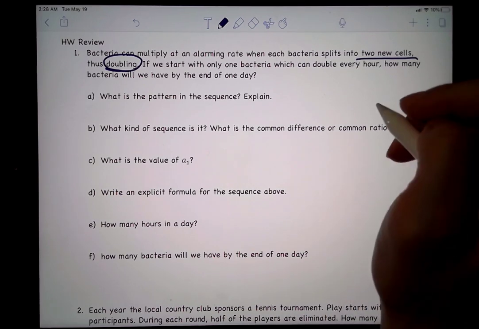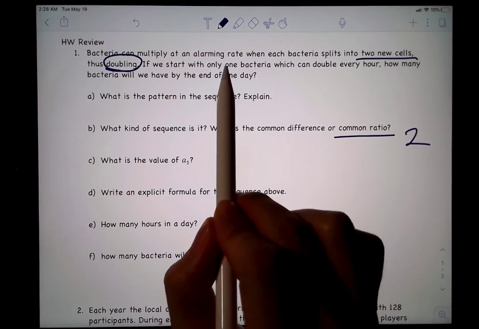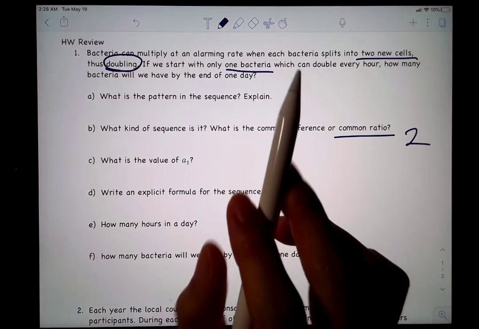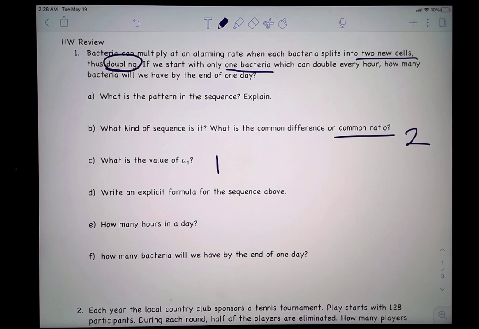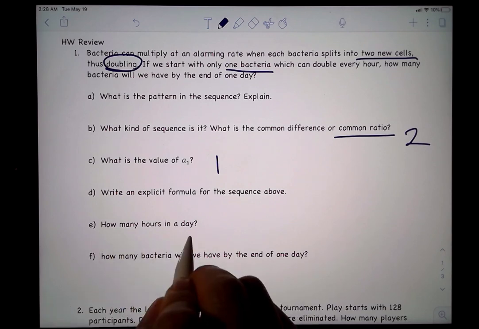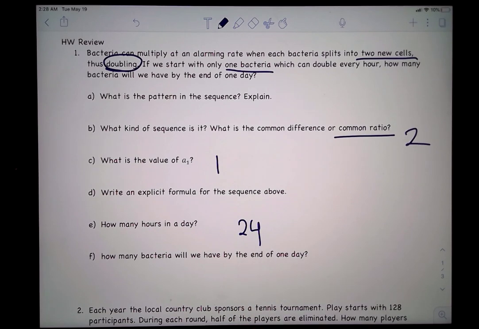You started with 1 bacteria, and every hour it doubled. How many bacteria will we have by the end of one day? How many hours in a day? 24 hours. This is key information, right?